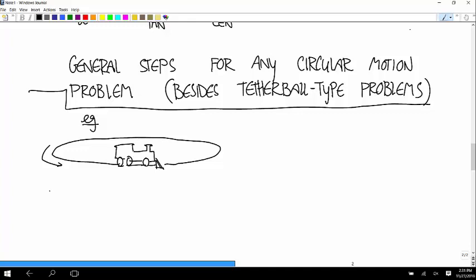Okay, so the first step is you have to choose the view that you're going to take of this problem. Choose a view where the path is visible as a circle.